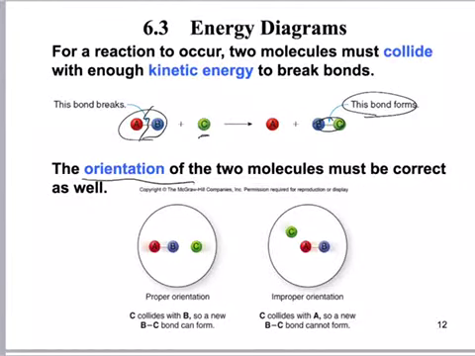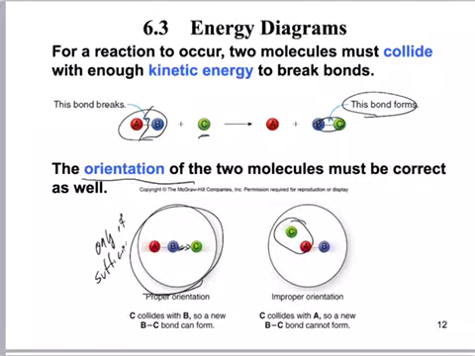Additionally, the orientation of the molecules must be correct. Okay? So in this direction, the B and C have to collide. If C and A collide, nothing's going to happen. This can give you a new molecule, but only if there was sufficient kinetic energy. Okay?